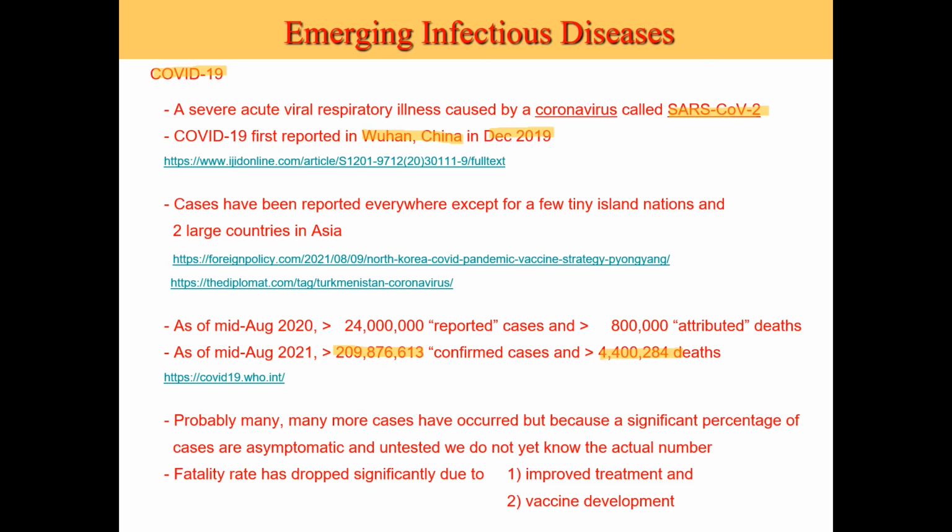The key thing is the fact that multiple vaccines were developed. So the fatality rate has dropped very significantly due to two factors. Mainly, I should have put this as number one, the development of vaccines, but also the development of greatly improved treatments that are used in people who are severely ill.